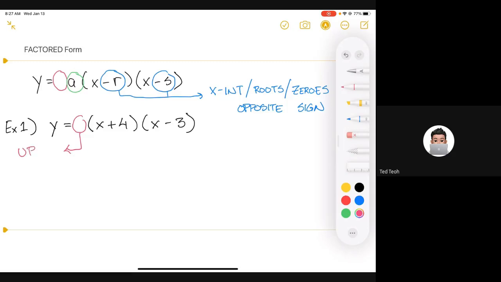And because it opens up, it's a minimum. You're going to notice there is no number after the equal sign, so the stretch or shrink factor is none, because it's 1.